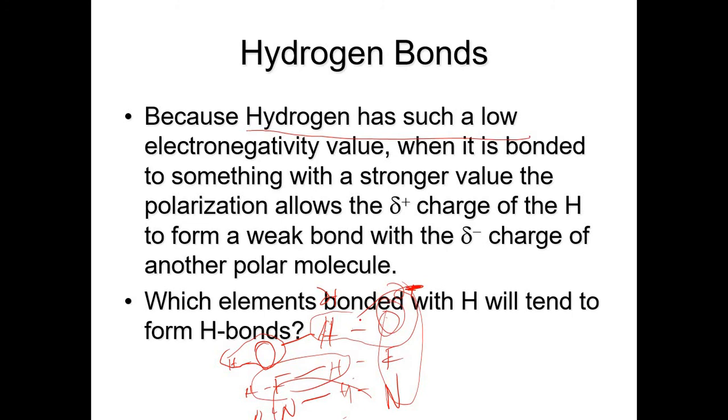So kung ang hydrogen naka-attach siya og highly electronegative, then that hydrogen can form a hydrogen bond with another electronegative element nga nakabond with hydrogen. Okay, so that's why hydrogen bonds occur when you have H with O, N, and F. So these are the elements that could form hydrogen bonding.